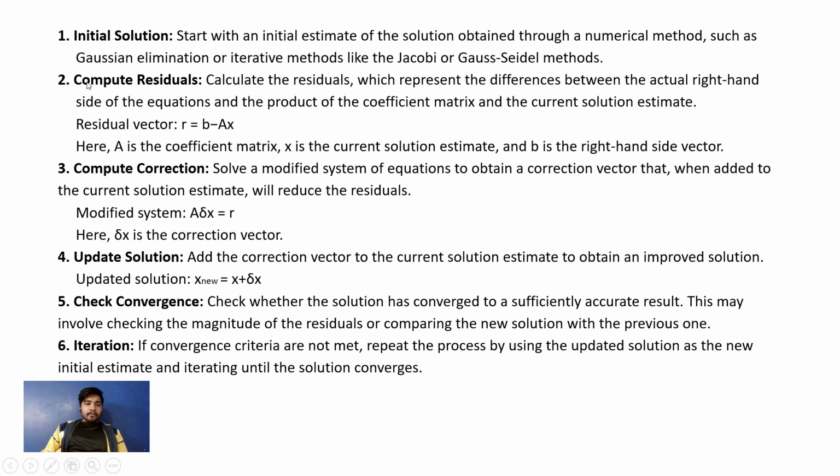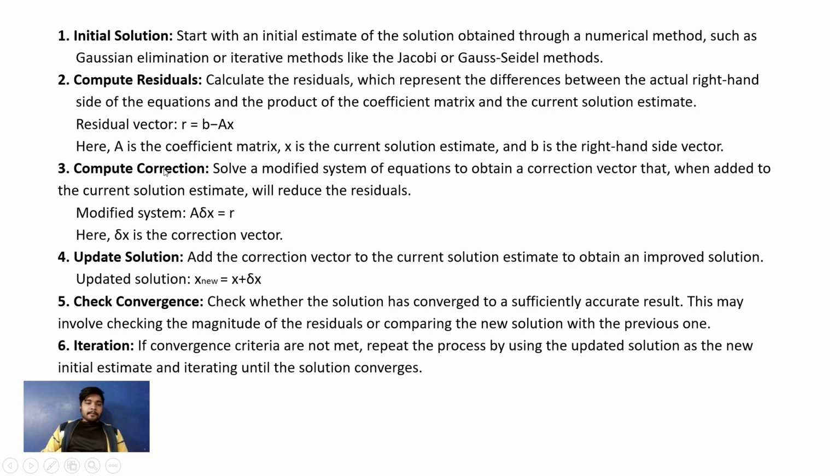The second step is compute residuals. Calculate the residuals, which represent the difference between the actual right-hand side of the equations and the product of the coefficient matrix and the current solution estimate. So the residual vector is r equals b minus Ax. Here A is the coefficient matrix, x is the current solution estimate, and b is the right-hand side vector.